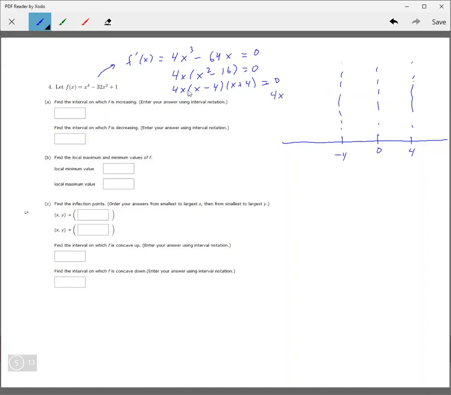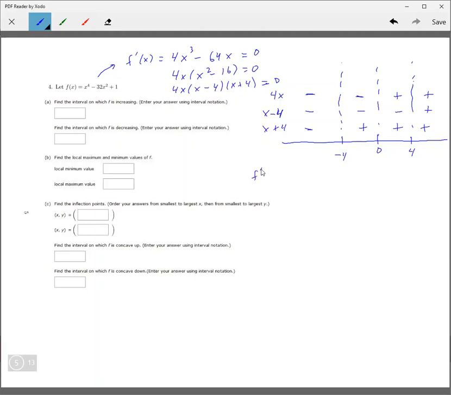The factors here are 4x, x minus 4, and x plus 4. 4x is negative here and here, but when you cross over this point, it becomes positive. x minus 4 is negative here and here and here. It crosses over where it's 0. It's 0 here, so over here it's positive. And then this one is negative here, but it's 0 here, and so it becomes positive there and there.